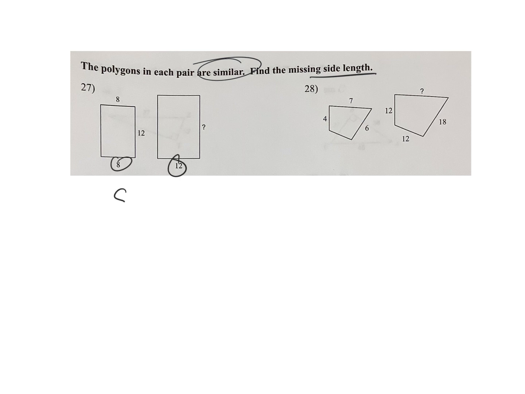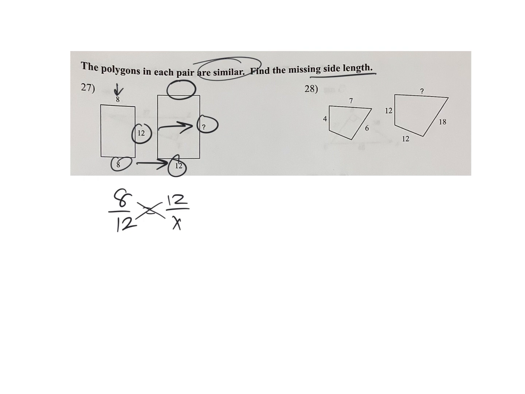Side is to side, as side is to side. So go the same direction and make sure you use the corresponding positions. Notice I didn't use this 8 because there's nothing here to put it with. You have to be in the same positions.